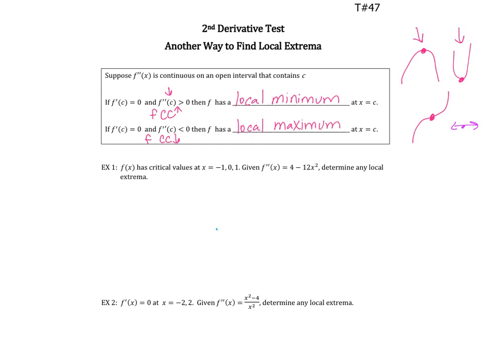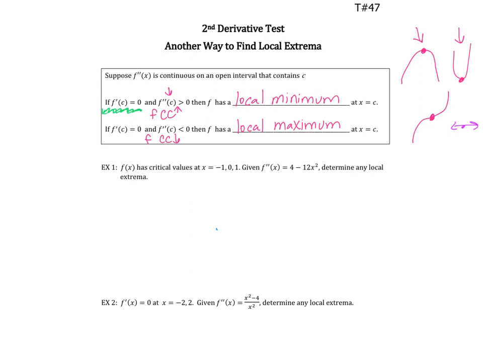The key parts about the second derivative test is there are two conditions. The first derivative has to be 0. So where the first derivative is undefined, the second derivative test is not going to help you. That doesn't mean you won't have a max or min there. The second derivative test is only used in very specific types of problems.